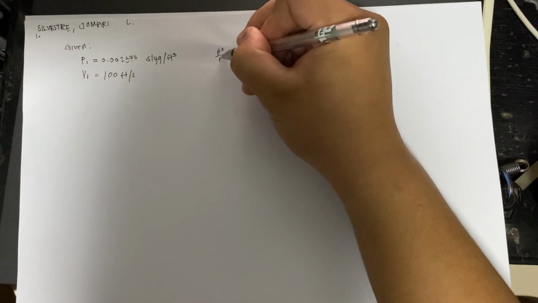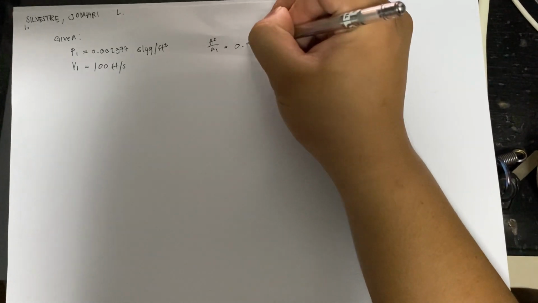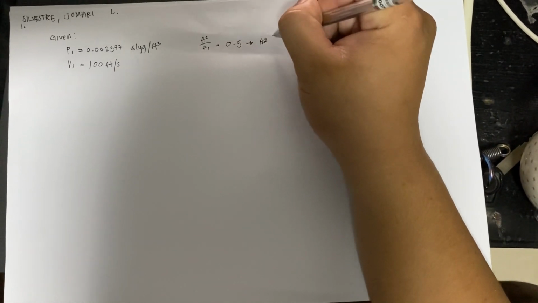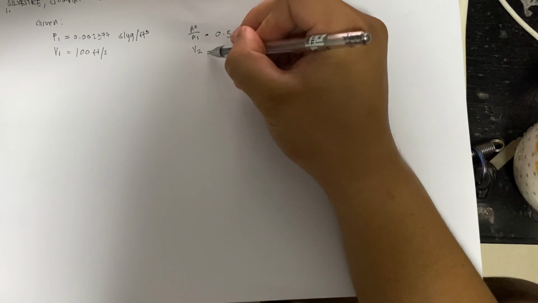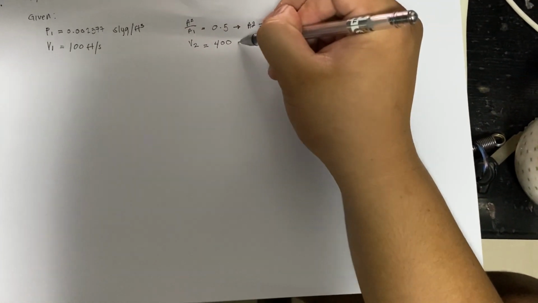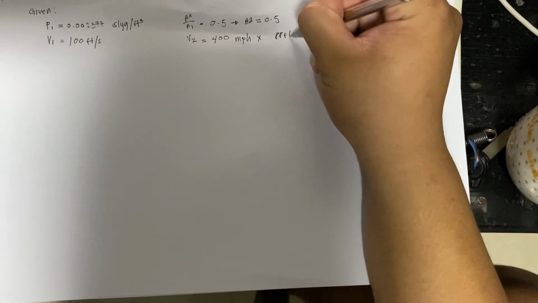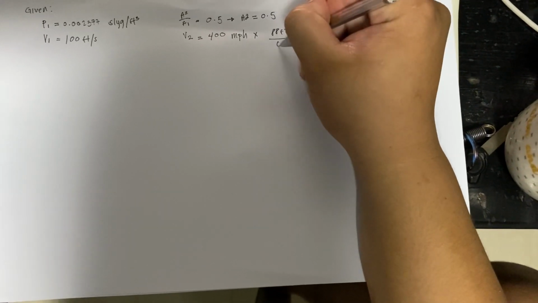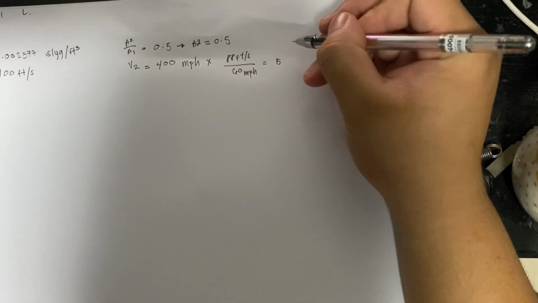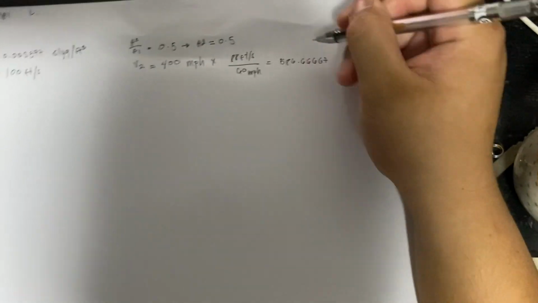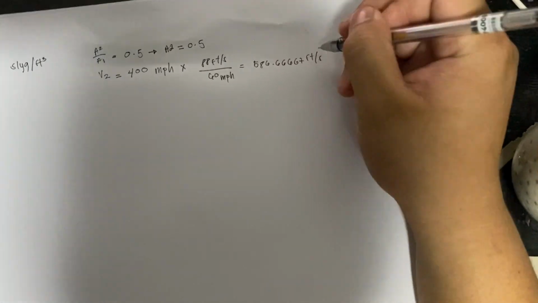A2 over A1 is equal to 0.5, or A2 is equal to 0.5 A1. V2 is equal to 400 mph multiplied by 88 feet per second over 60, which is equal to 586.66667 feet per second.